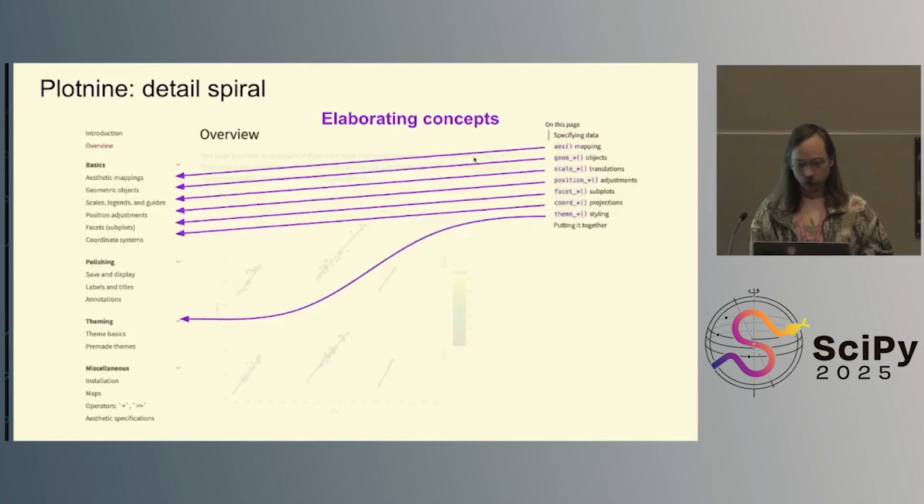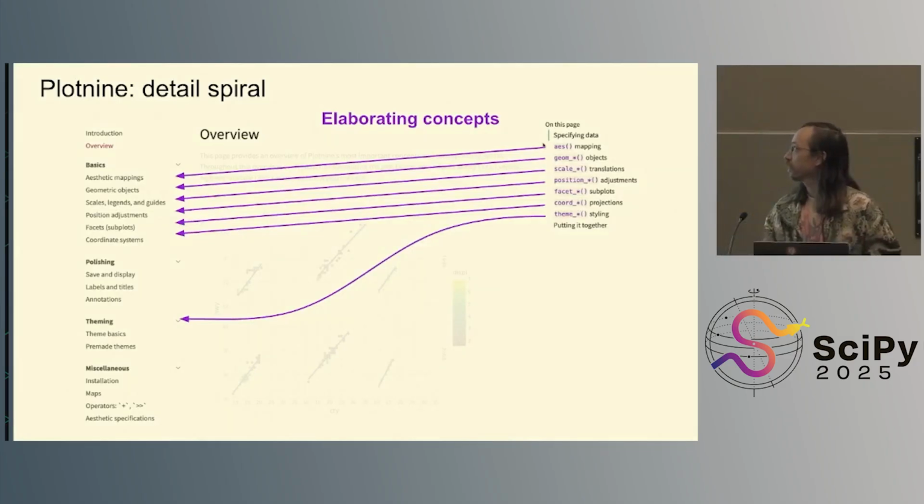The next thing I want to point out is, zooming out, this is the sidebar. These are the chapters in the Plot9 guide. And basically how it works is that the pieces that were talked about in the overview, Plot9 then dives deeper into each one in a subsequent page or chapter.